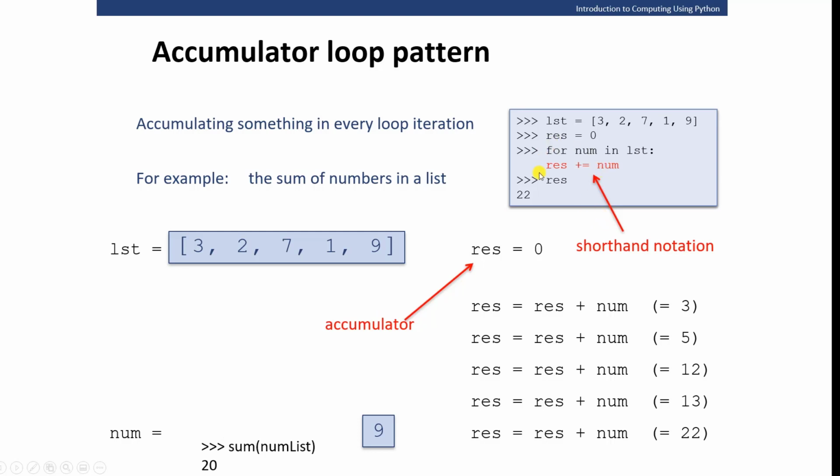And please note that we can use a shorthand. So the shorthand arithmetic operation is result plus equal to num, which is equal to result plus num. Okay? And similarly, result minus equal to num is equal to result minus num. Okay?